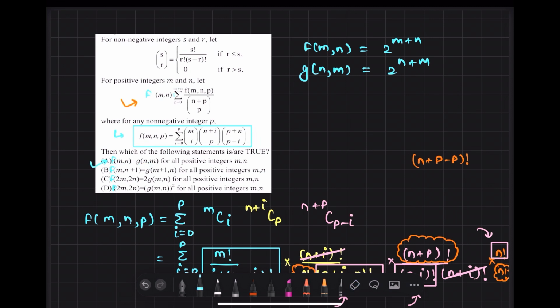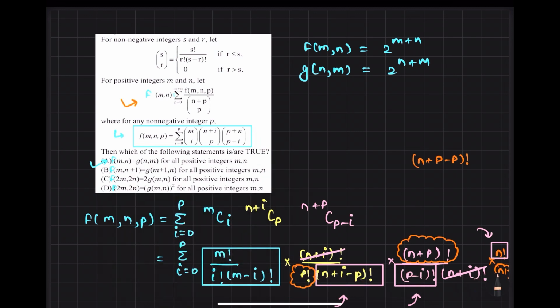Okay. Now option B. So in option B, m is m. Wait. So f(m, n+1), m is m, n is n + 1. So can I write 2^(m+n+1)?